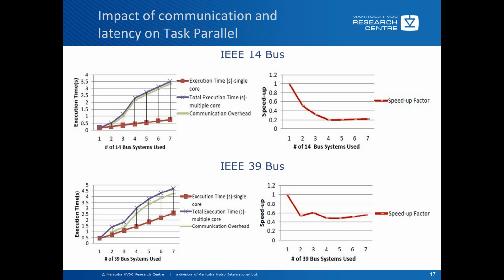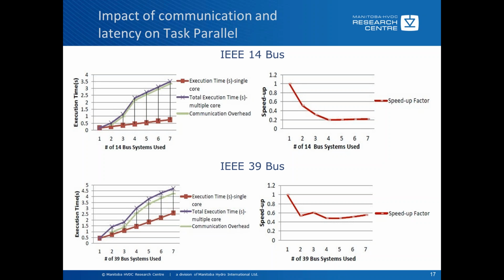So the red line representing scaling the system on a single CPU shows that it's much faster when the systems are small. However, as we scale up, you can see the 39 bus, the lines start to come together. And so the right side graph, which shows the speed up, which in this case is actually a slow down, the curve changes.